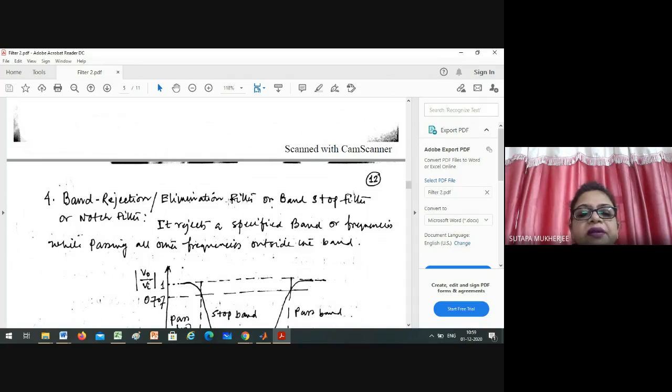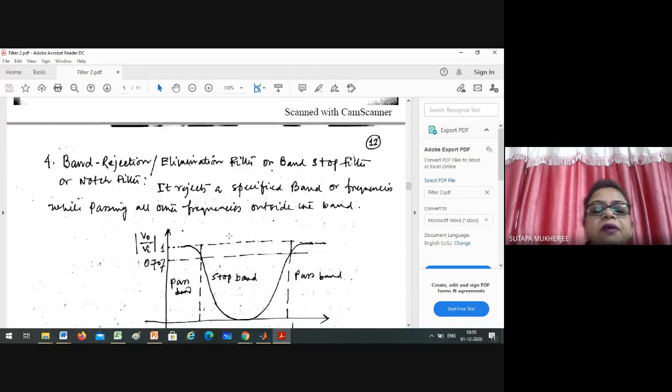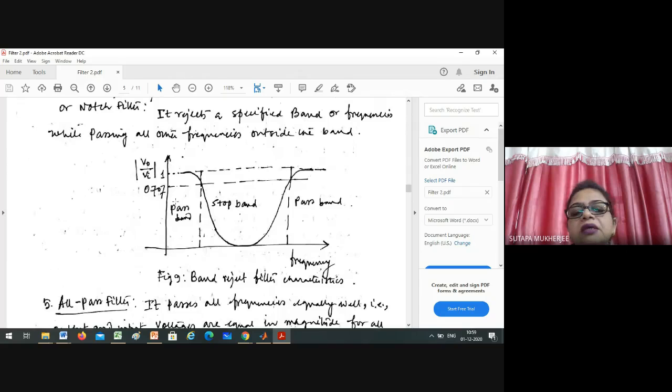So this is band rejection or elimination filter or band stop filter or notch filter. It rejects a specified band of frequencies while passing all the frequencies outside the band. As Noyona said, there will be two frequencies, and the frequency band between them will be stopped, right? Got the point?